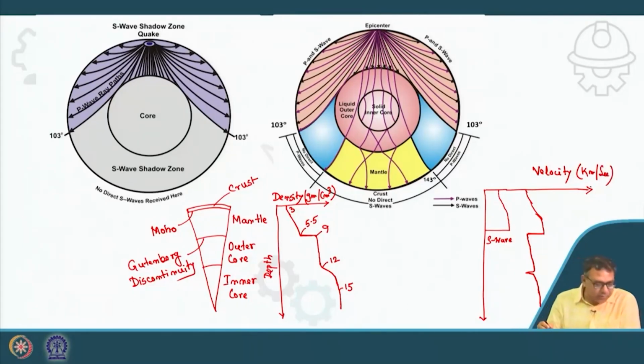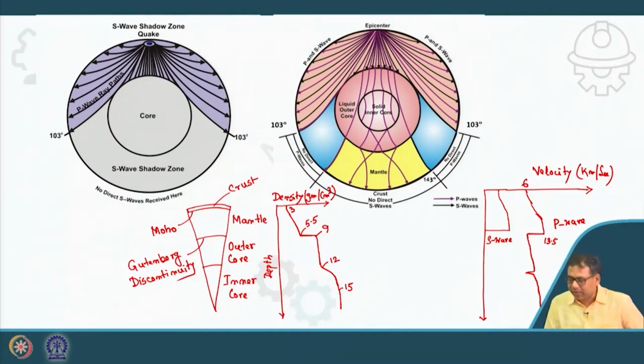If I write the values, at the crust the velocity of the P wave is approximately 7 kilometer per second, and the maximum is 13.5. That is at the boundary of the mantle, or you can say at the end of the lower mantle.